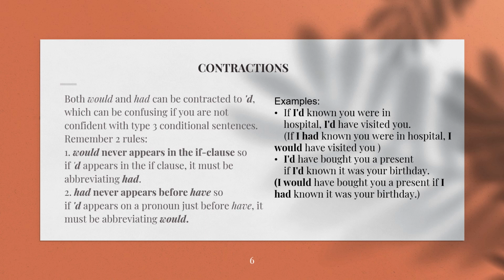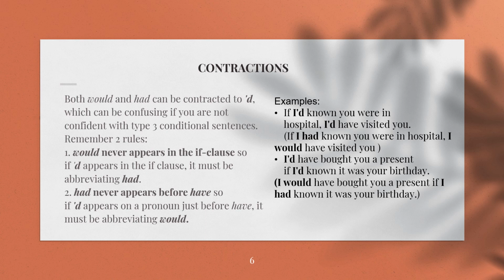The last one, about contraction. Both would and had can be contracted to 'd, which can be confusing if you are not confident with type 3 conditional sentences. Remember two rules. Would never appears in the if clause. So if 'd appears in the if clause, it must be abbreviating had.